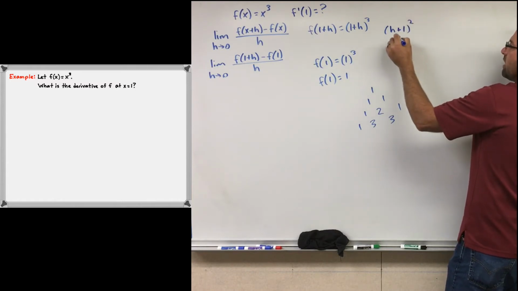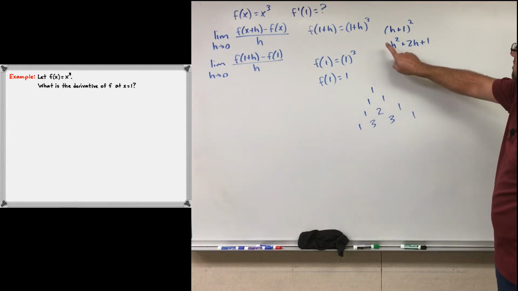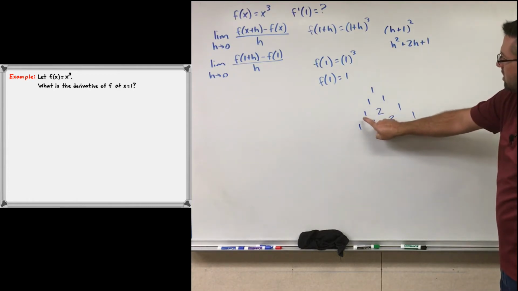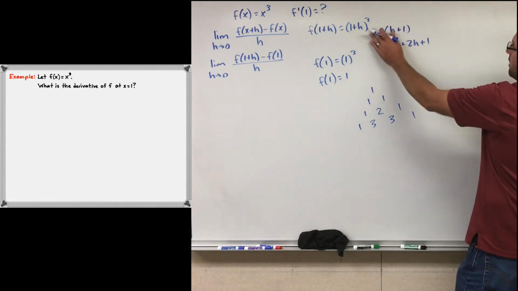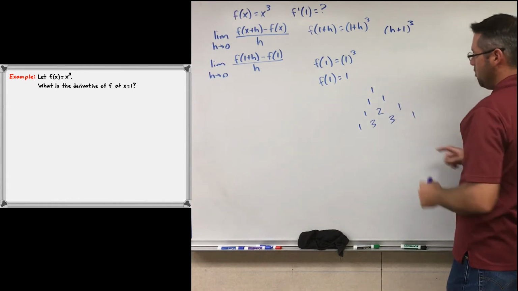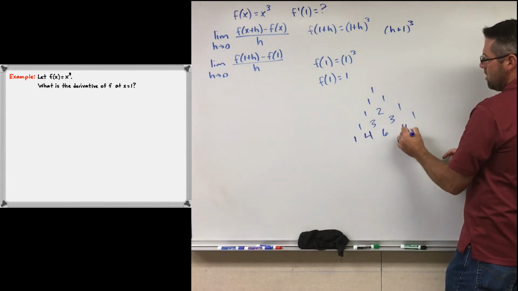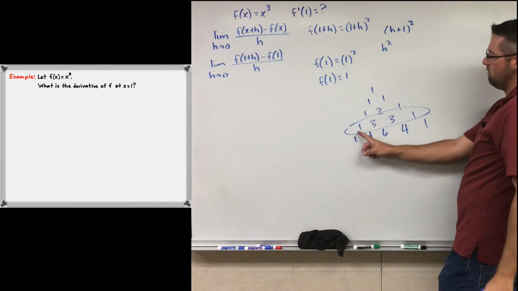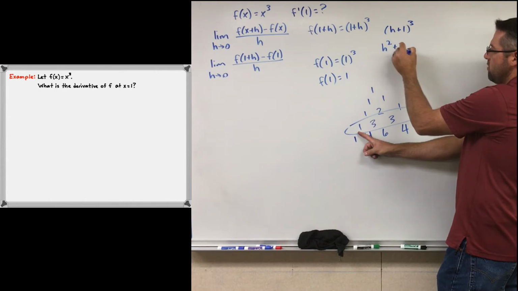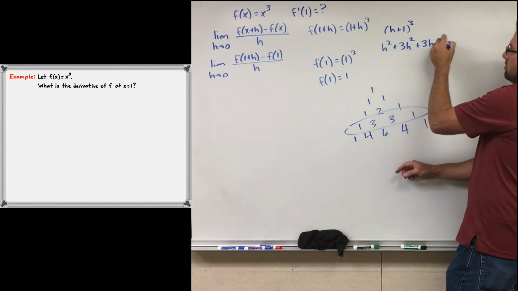We know that this is h squared plus 2h plus 1. We can see the coefficients 1, 2, 1. That's where this comes from. When we cube it like we did, then we end up with the next row in Pascal's triangle, this one. We're looking at this one for a cube. So this is going to be h cubed, because the coefficient's 1, plus 3h squared plus 3h plus 1.